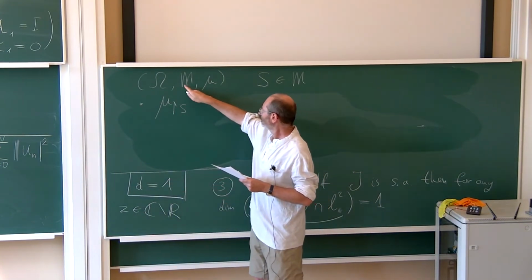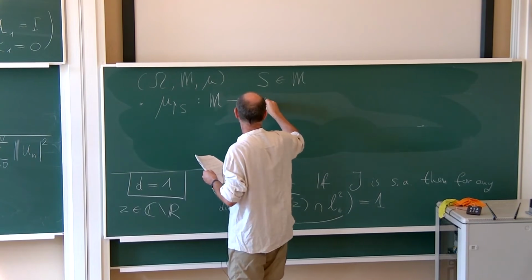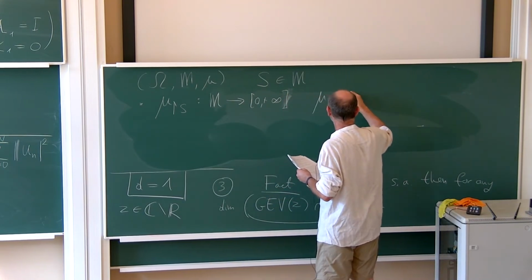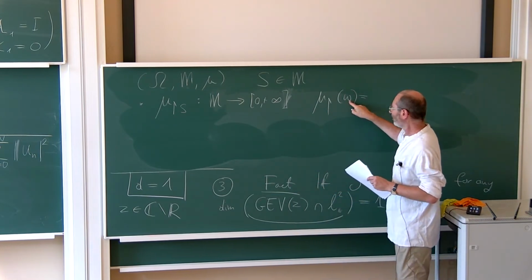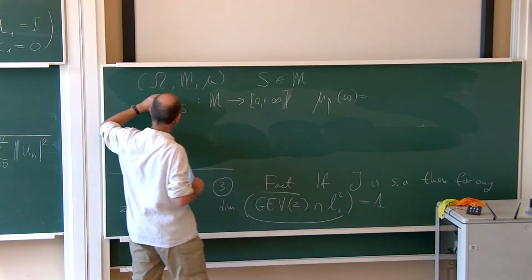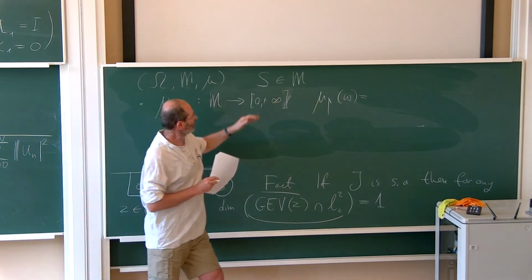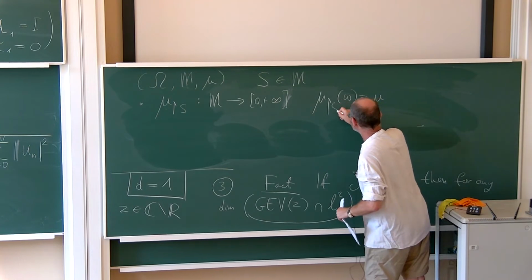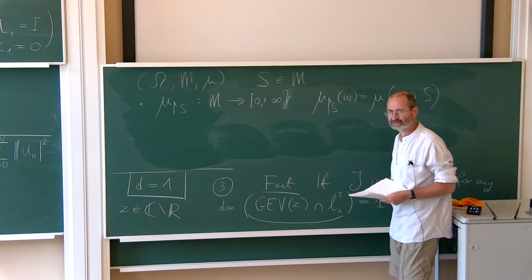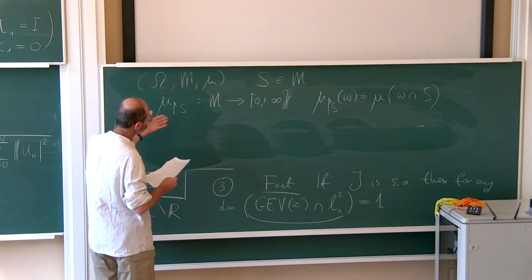This is also a measure on M. Generally speaking, it is defined by taking the intersection of omega and S. So we consider the measure not on S, but on omega and on this sigma algebra, but we cut it only to S. This is just the measure of omega intersected with S, and it's a well-known fact that this is also a measure. So this is a restriction.